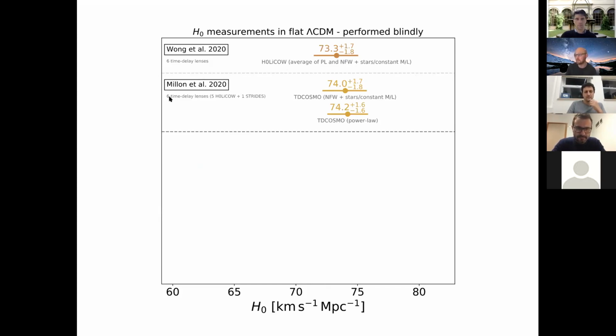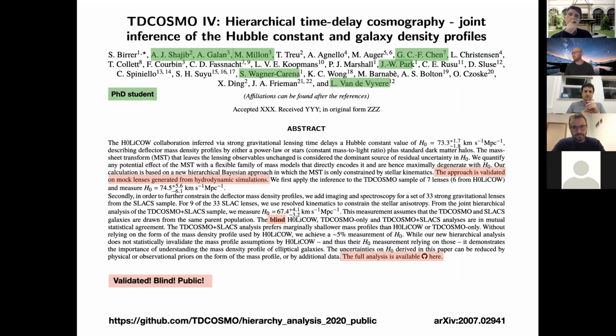Now, early this year, we put out a paper where we split these assumptions and say, okay, what if we do all the inference just with one model or all inference just with the other model? And what we get out is effectively a very consistent value. So between the 2 families that we employed, with the priors that we used on mass concentration, etc., this leads to a consistent picture.